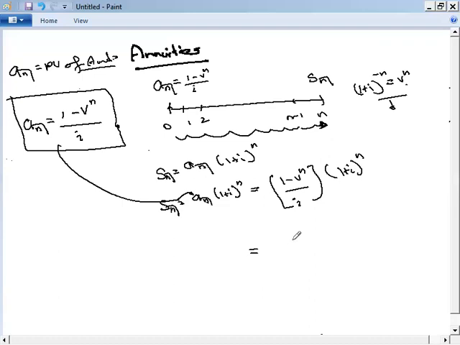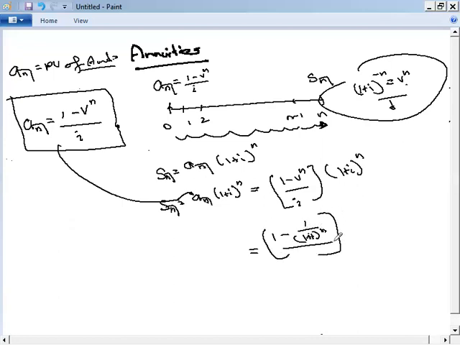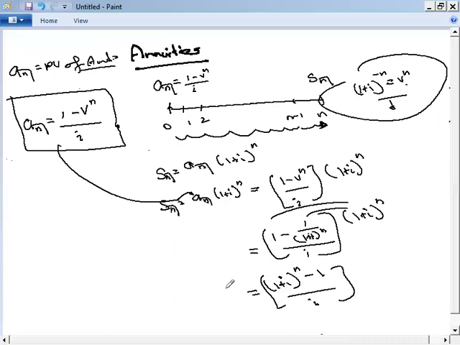Substituting v^n as 1 over (1 plus i) to the power n, and multiplying by this term, we get (1 plus i) to the power n minus 1 over i. So this is the future value of an annuity.